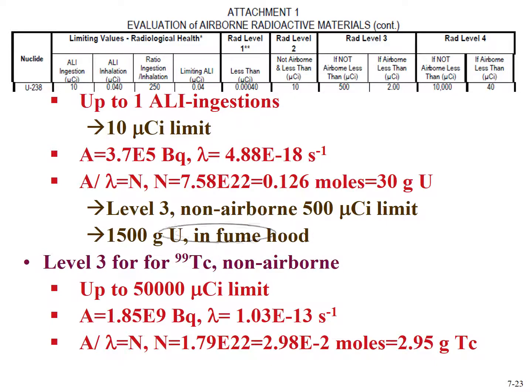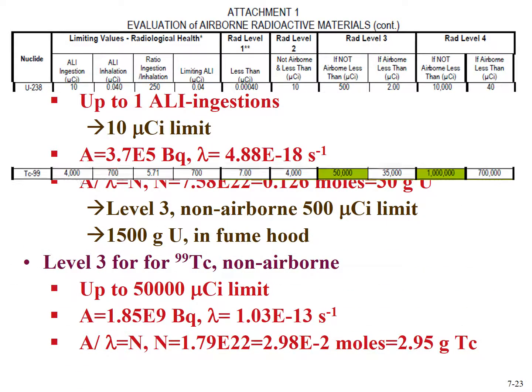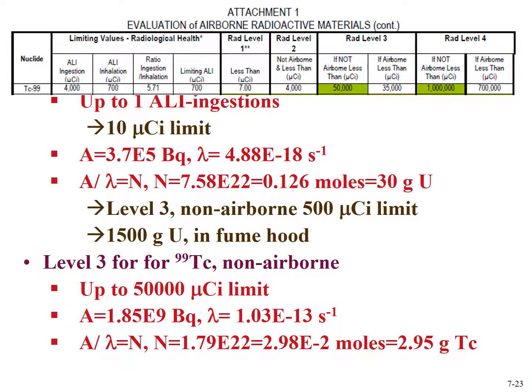We can perform the same sort of calculation for technetium. Here's the data for technetium-99. Let's say what's the value for a level 3 technetium experiment, non-airborne. I look at my table. I see that the value is 50,000 curies.